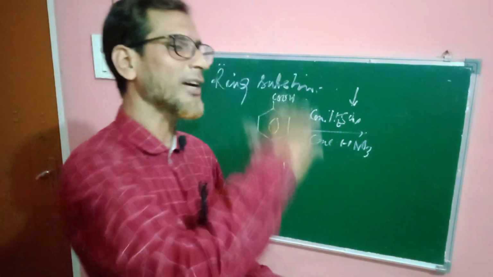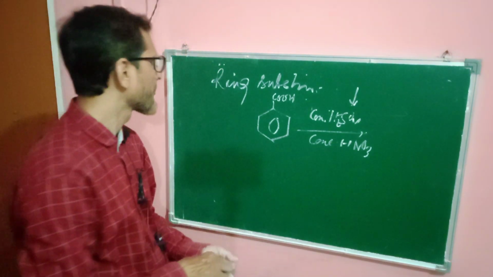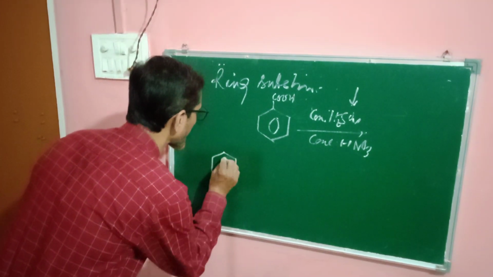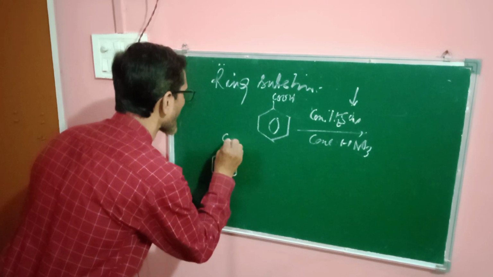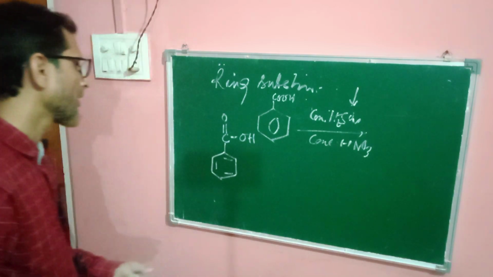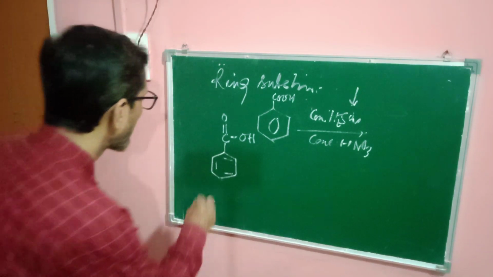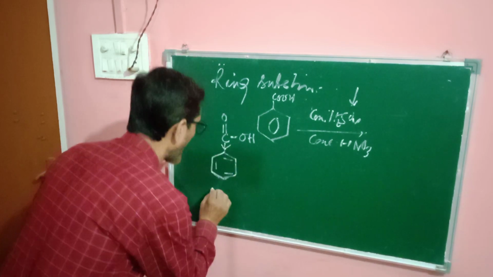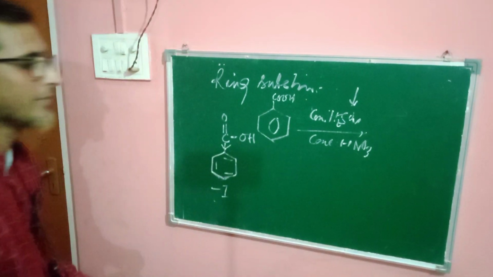Again this comes back to your knowledge of GOC. Carboxylic acid is like this. Here the group deactivates the ring. It has a minus I effect.